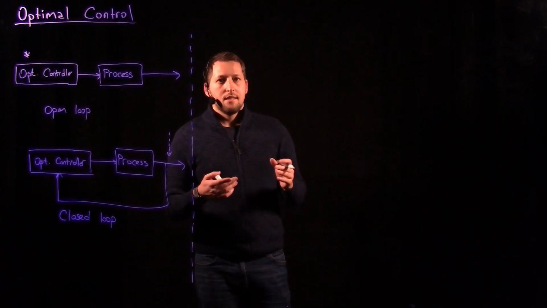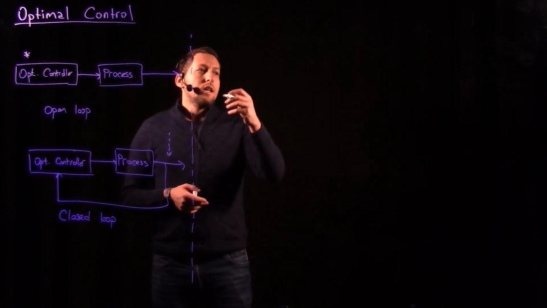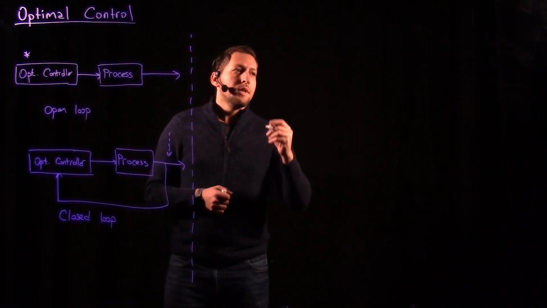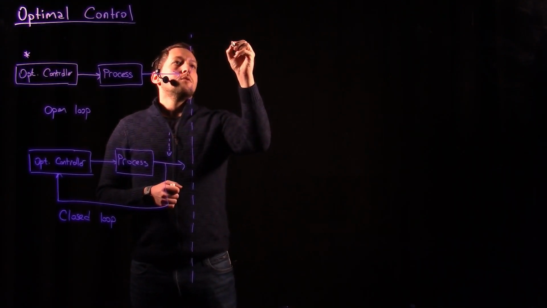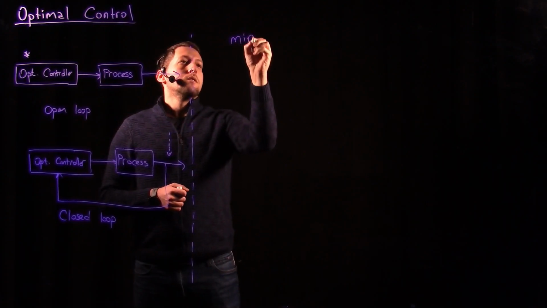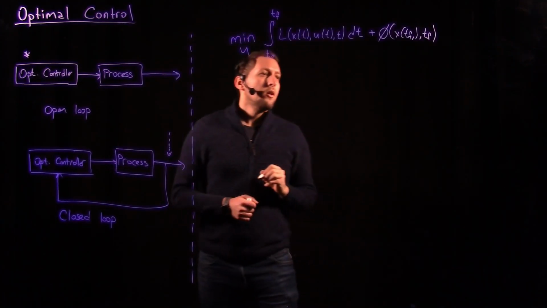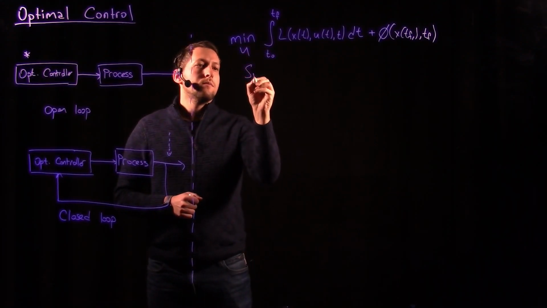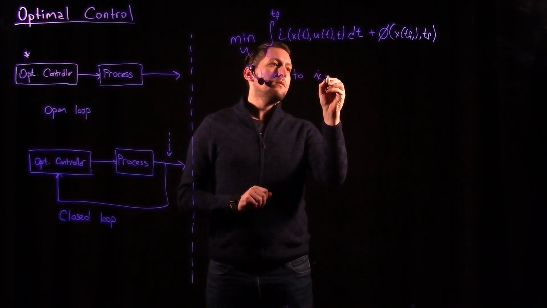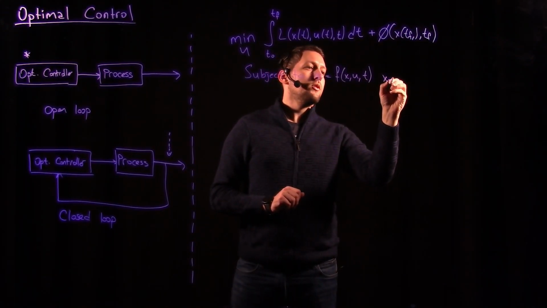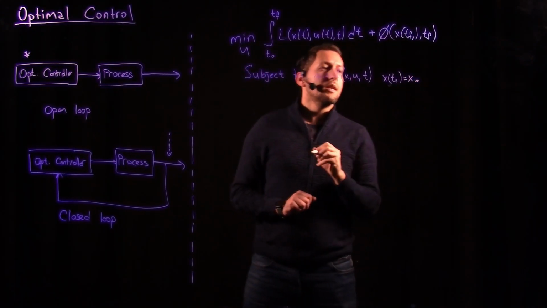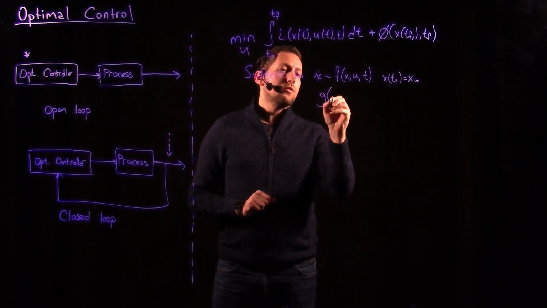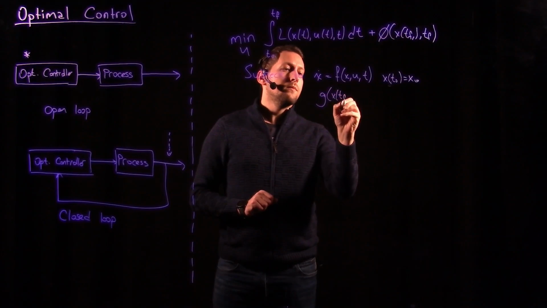So let's step in and formalize the main type of problem that we are going to deal with. Let's assume that we have such an optimization problem. This is our objective function, subject to our system model and the initial conditions of the system as given, and some terminal constraints that show themselves in a form like that.